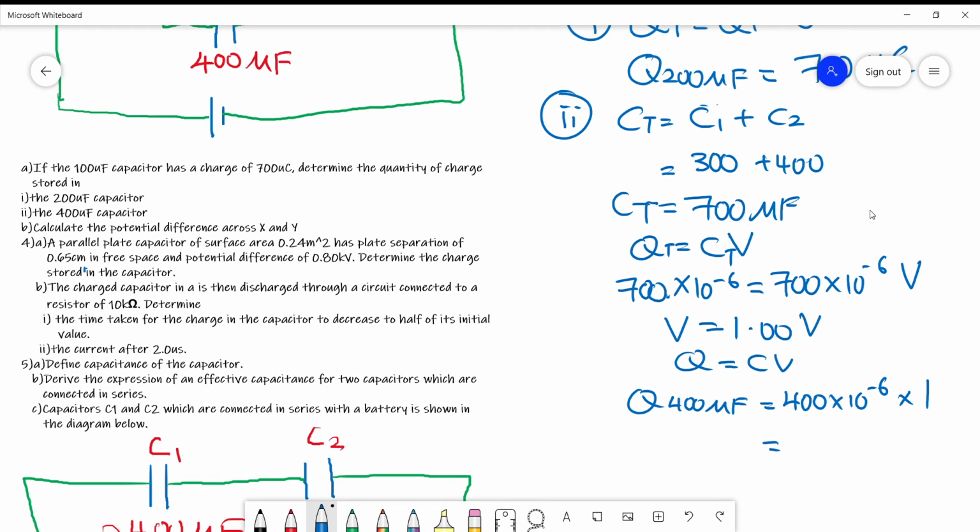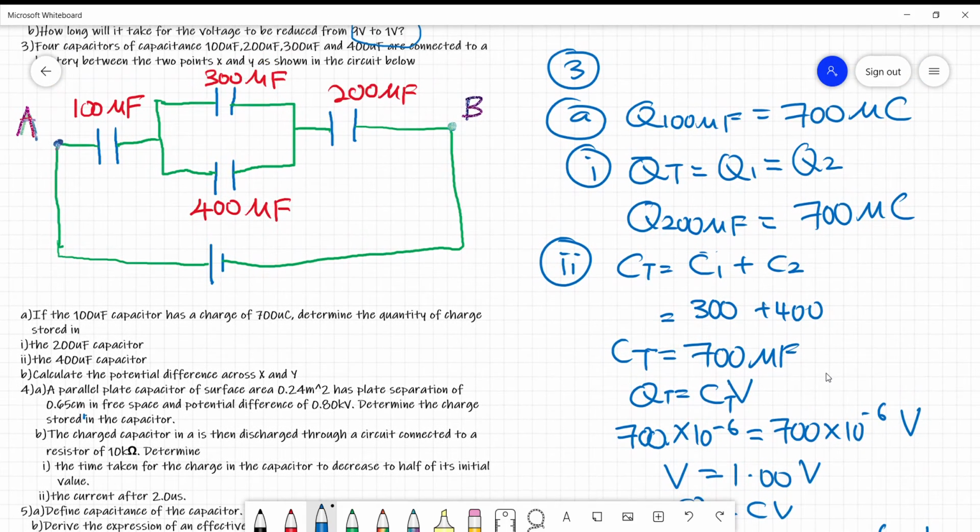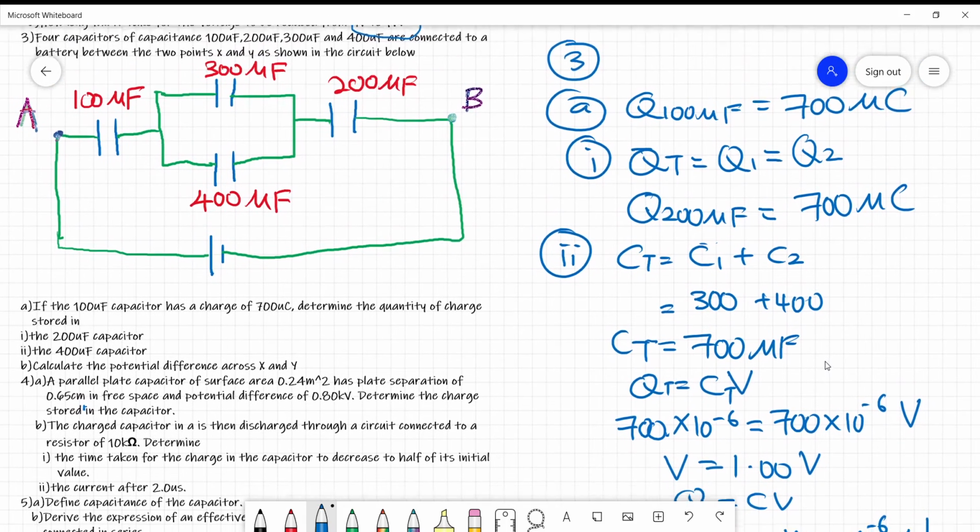I think yeah, the charge is 400 microcoulomb. This is how we calculate the charge on the 400 microfarad capacitor.